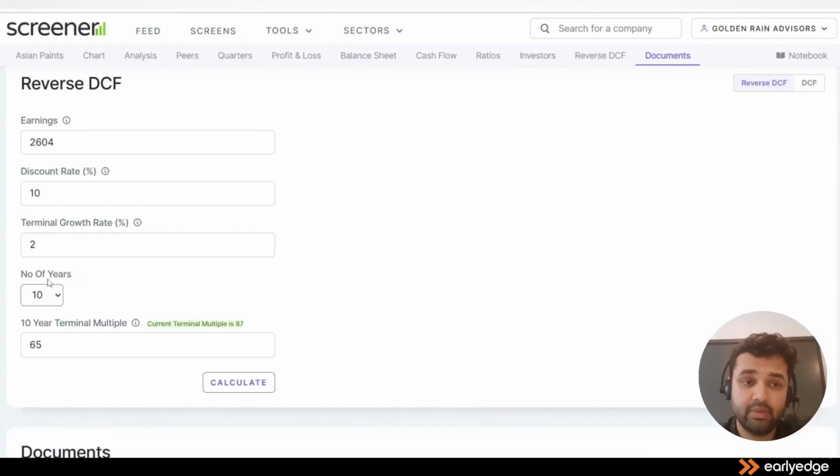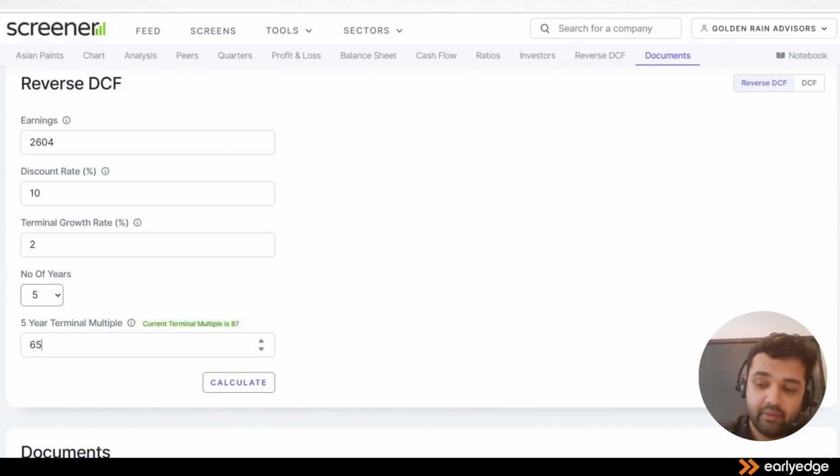For example, if you are looking at an investment for 5 years, this terminal growth rate tells you that after 5 years, the company would consistently grow at 2% a year. Don't key in a very high number because it will distort the calculation. Be conservative when you're using these figures.